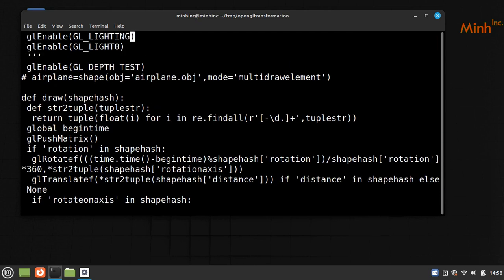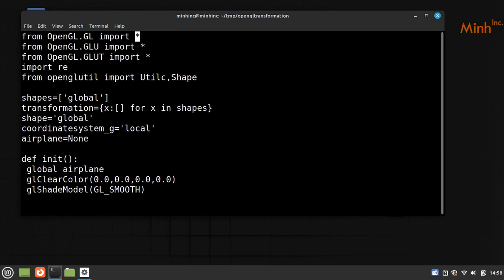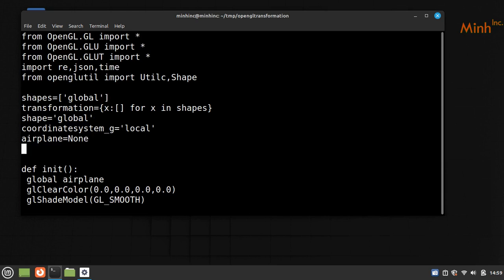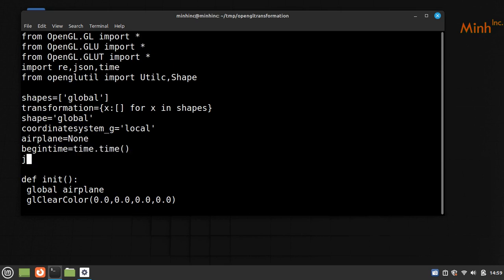Okay. Now supporting this recursion, we'll add the other things. Now we will import JSON, we import time. So these things we import. Down the line we have begin time equal to time dot time, JSON shape dict equal to JSON dot load, read ss.json, this is the file.